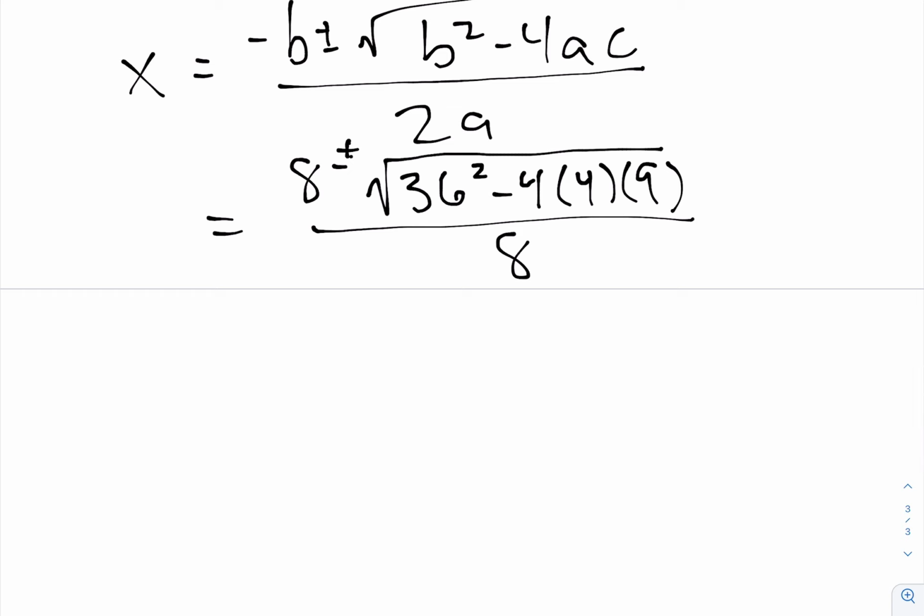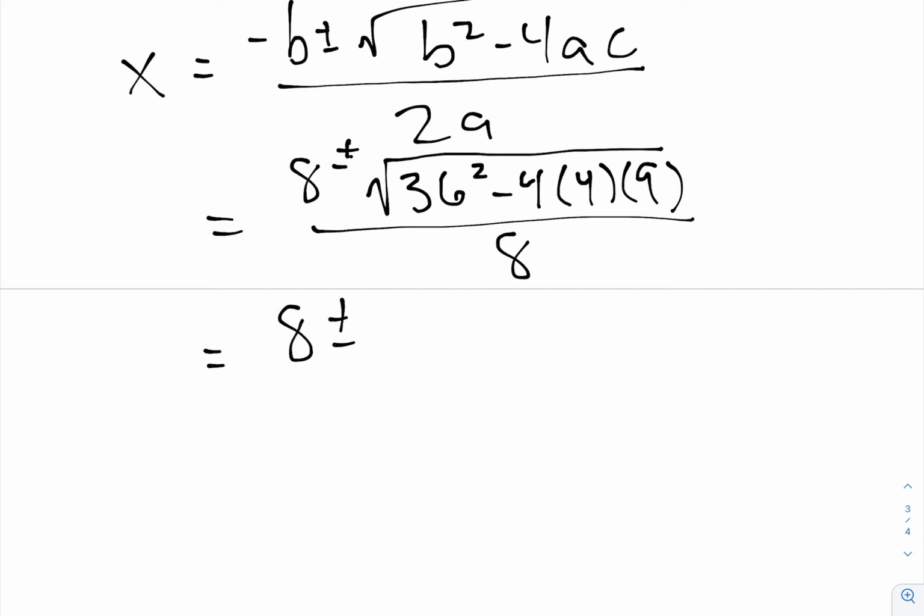Okay, I got to get my calculator for this one. So I'm going to go 36 squared, so that's 1,296, and then I'm going to subtract 4 times 4 times 9, which is 1,152. Okay, and the square root of that is 33.94.